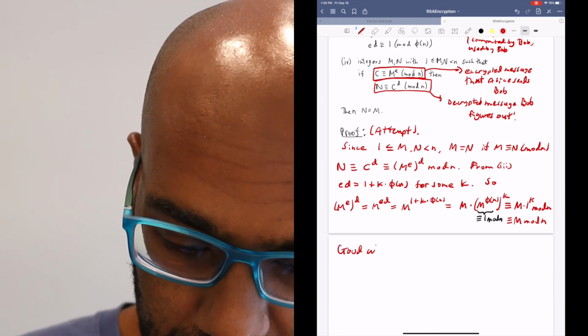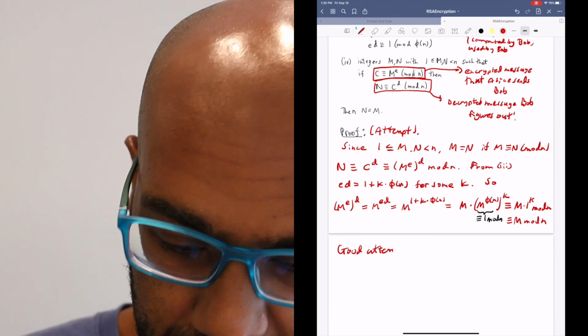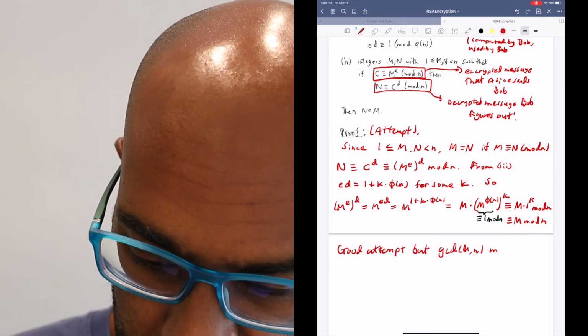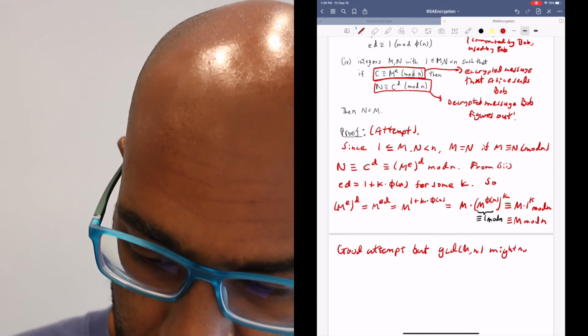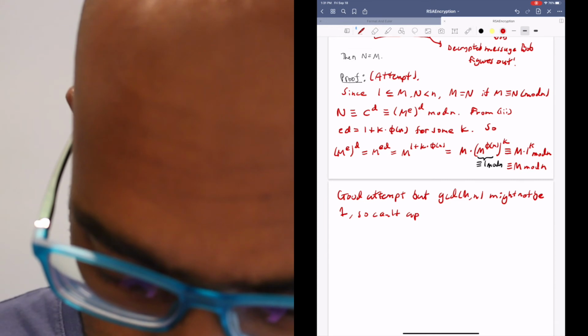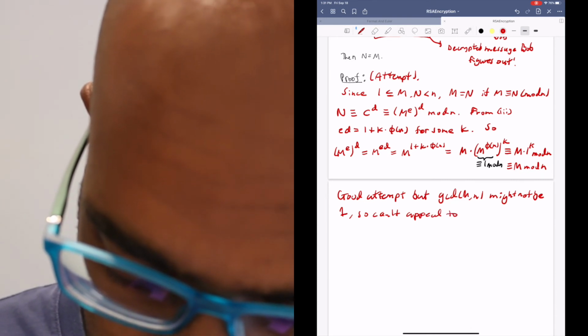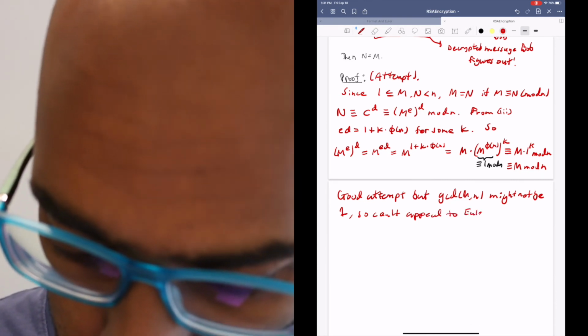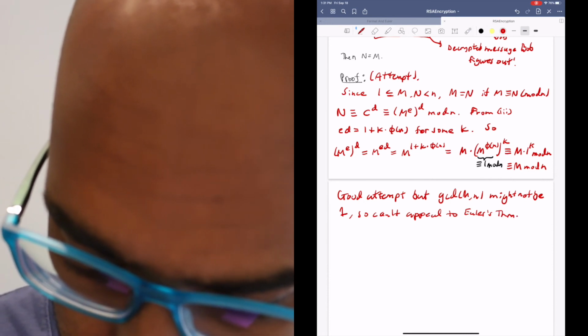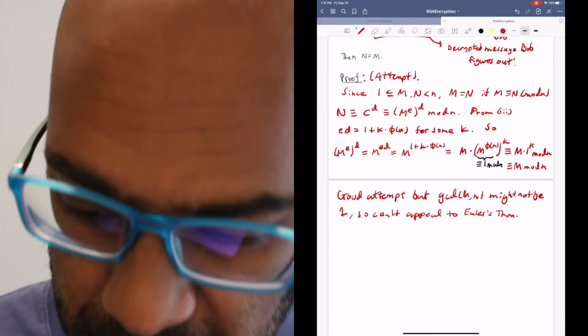So good attempt, but GCD of M and N might not be 1. So we can't appeal to Euler's theorem. So we need to do something a little bit different.